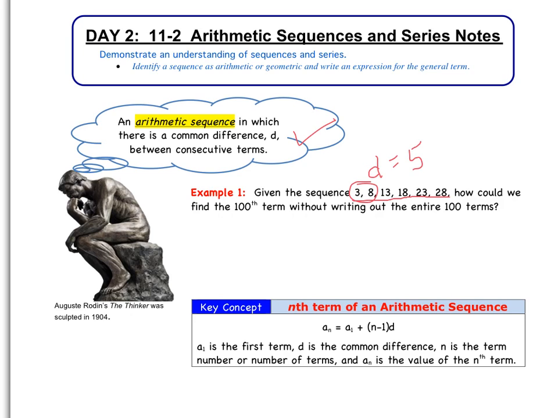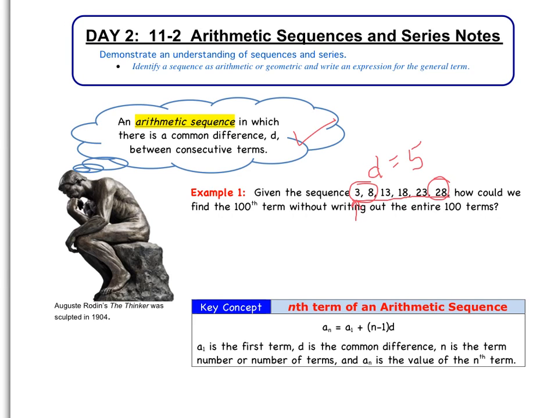Well, let's think about that. We're given a starting term, so if we wanted to find the second term, we would only add 5 once. If we wanted to find the third term, we would add 5 twice. If we wanted to find the 6th term, 28, we would add 5 times.